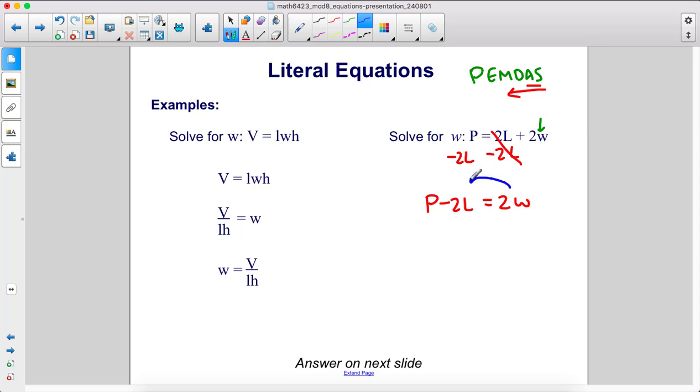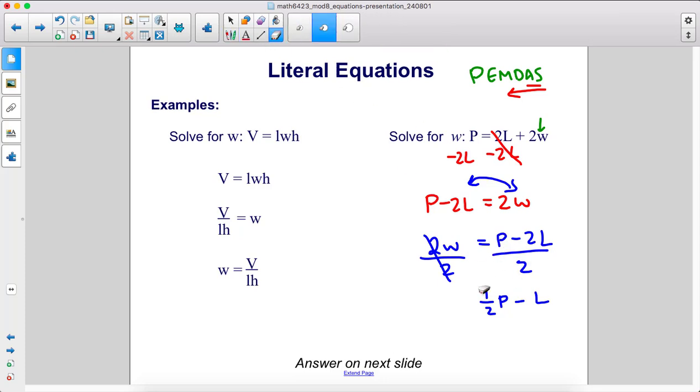Then I'm just going to swap the sides of the equation. 2w equals p minus 2l. Then we're going to divide both sides by 2 to undo the multiplication on the left side. You can leave it like this. You could also make it 1/2 p minus l. So you're dividing each piece by 2. Like you can separate it.